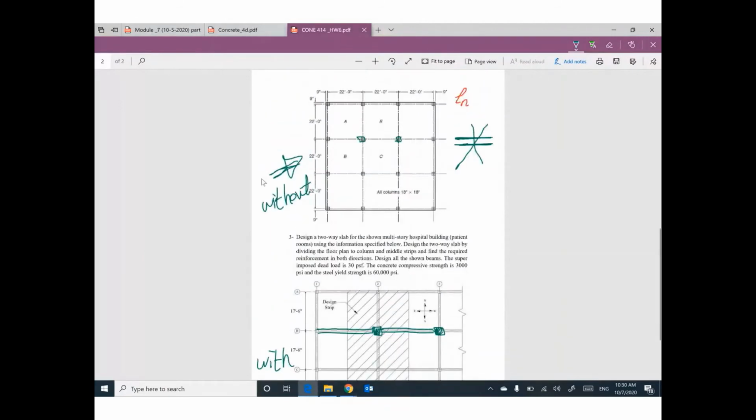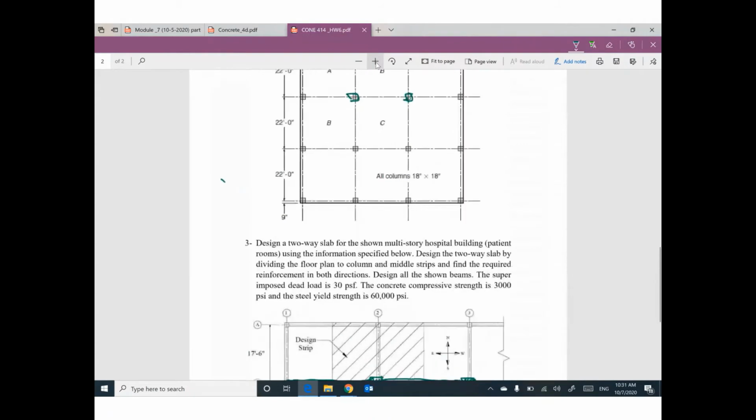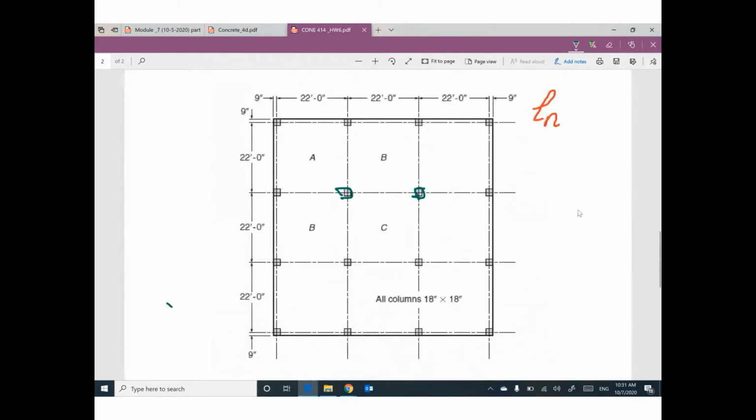So, my question is, what is the meaning of column strip? Column strip means, I will come to the X direction, this direction, X. I will take this column and this column and this column and this column, and I'm going to assume a strip from this side to this side.